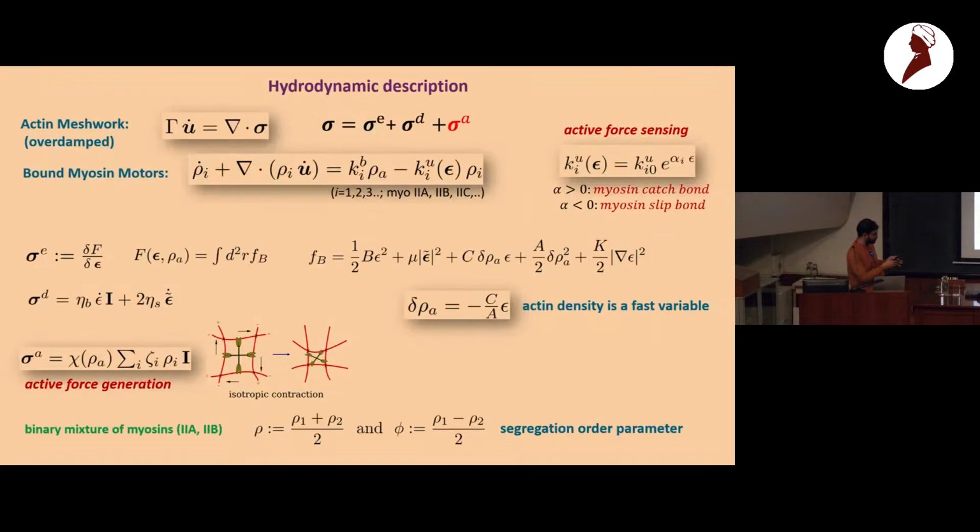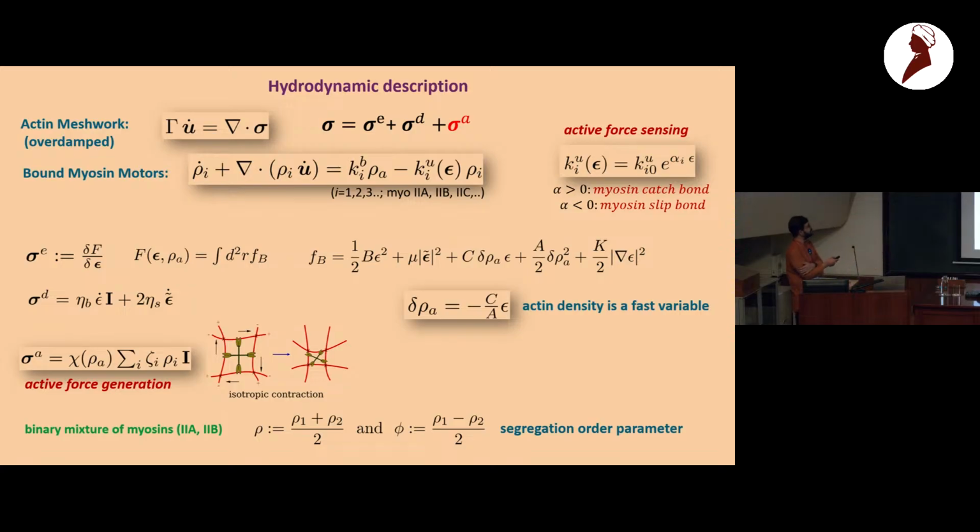So I'll just quickly go to the equations. We will write down the governing equations of our system. This is an overdamped system. Usually we take the divergence of stress and equate it with the inertial term. But this has a body force: this actin meshwork is immersed in a cytosol, which is a fluid, and it is experiencing friction with respect to this fluid.